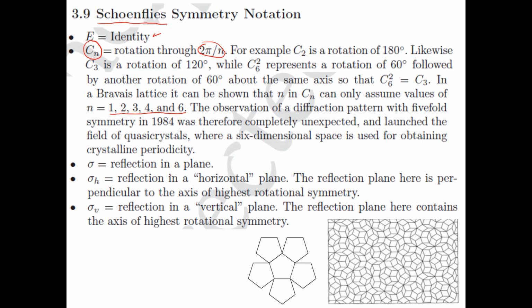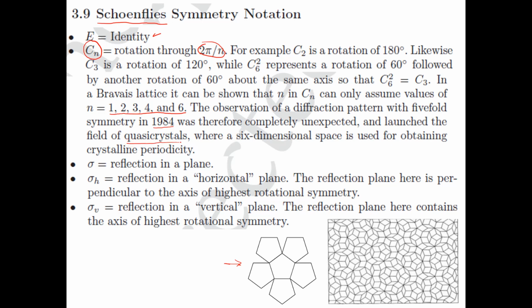The reason you can understand in a simpler way: it's related to the fact that you cannot fill a plane with pentagons, like in this plot here. There are always some missing spaces, and for that reason you don't have any Bravais lattice with a rotation symmetry of 2 pi over 5. Although in 1984 people discovered quasi-crystals.